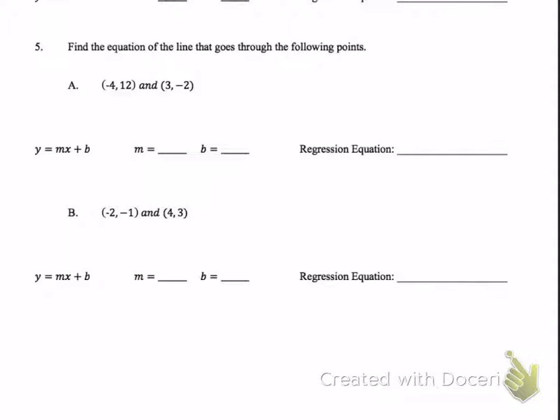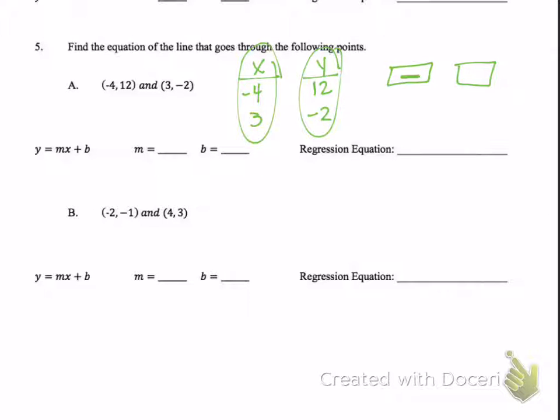If you just want to use 2 points, it's like saying x is negative 4 and 3, and y is 12 and negative 2. You'll put this into your x list, and this into your y list. When you are editing on the TI Nspire, if you hit the delete button, it's going to have a little cell with a dash in it. You have to delete it twice so that it goes to a blank cell.